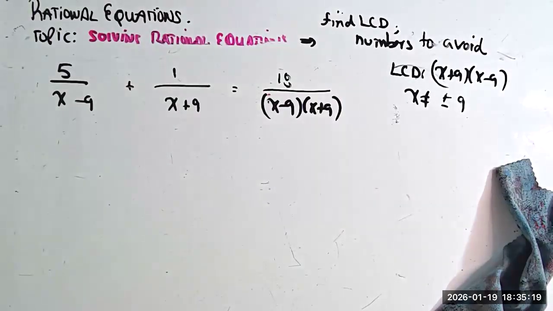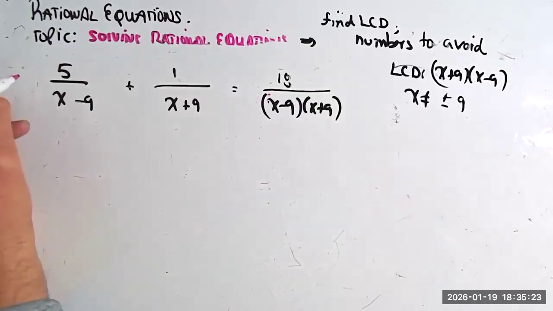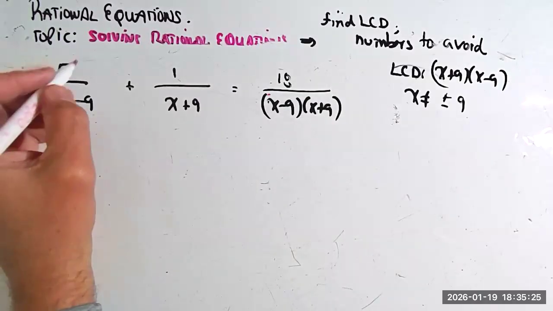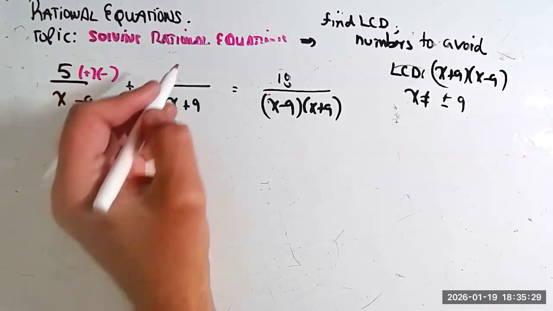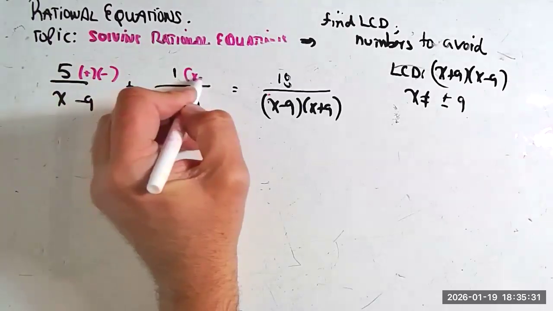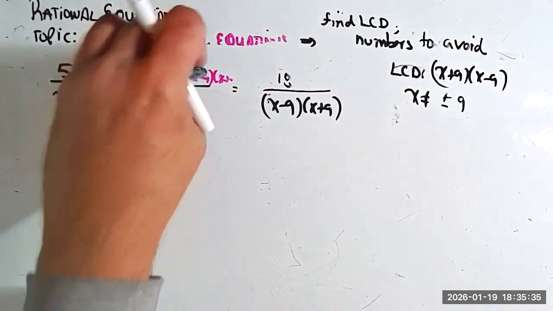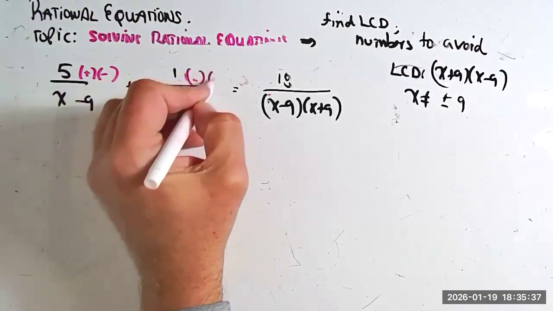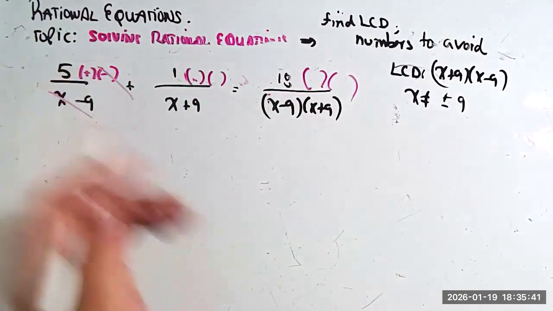So now we multiply by the LCD everywhere. Let me just write the parentheses, it will be kind of messy. And then same here. Notice that x minus 9 cancels.